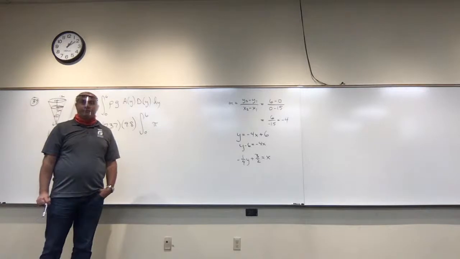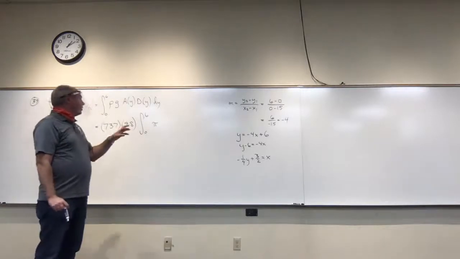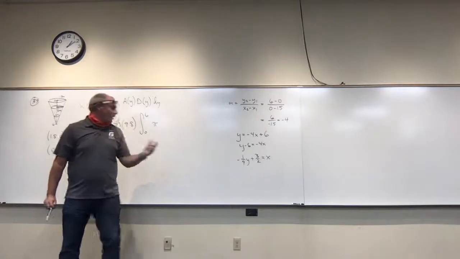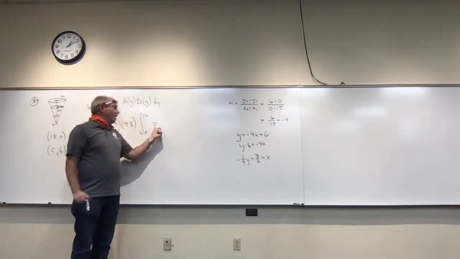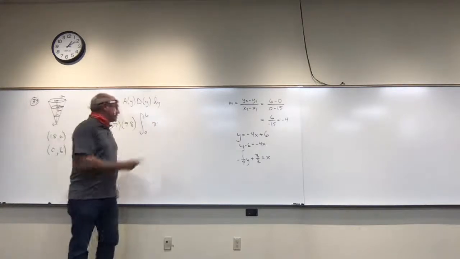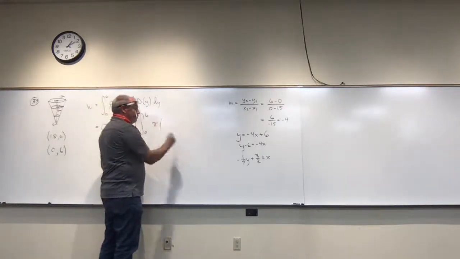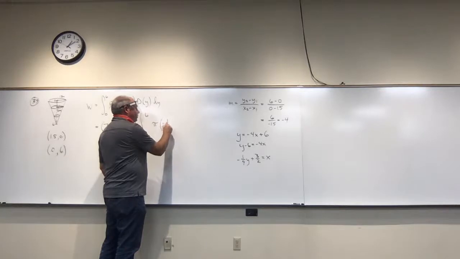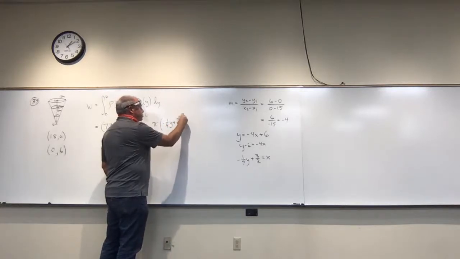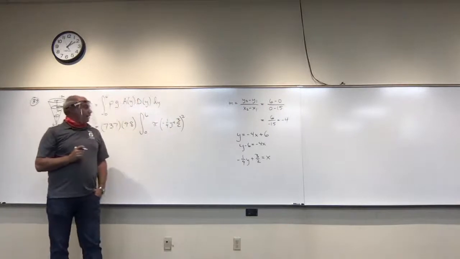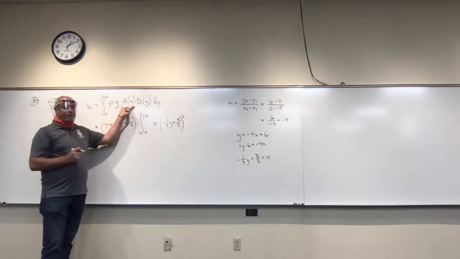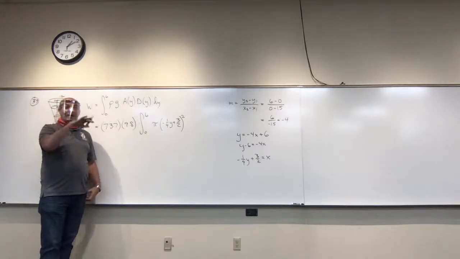Sound good? Okay, that's what I want. So that's r, right? What did I say I needed to put in here? Pi r squared. Agreed? So I say pi r, which is negative 1/4 y plus 3 over 2 squared, pi r squared. So that is A of y, the area at depth y.